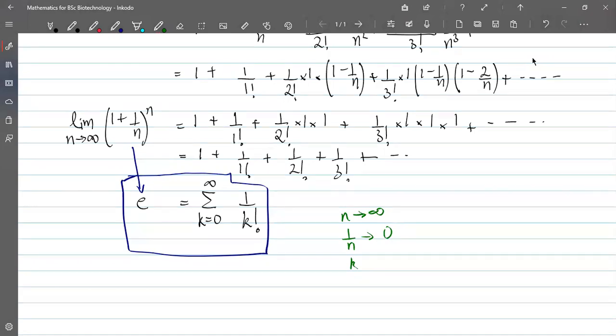Only n is approaching infinity. So k upon n also approaches 0. Correct. What about 1 minus k upon n then? So if this approaches 0, this whole thing approaches 1 minus 0, which is 1. Is that clear now?